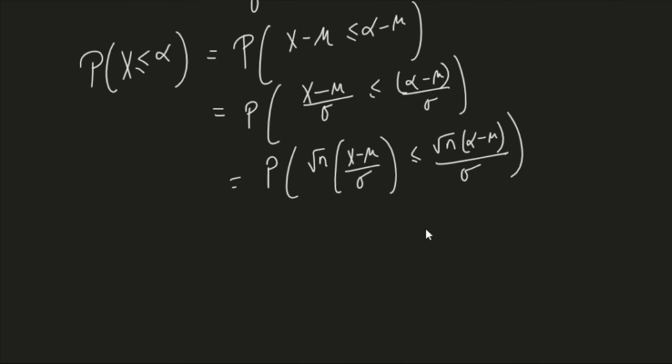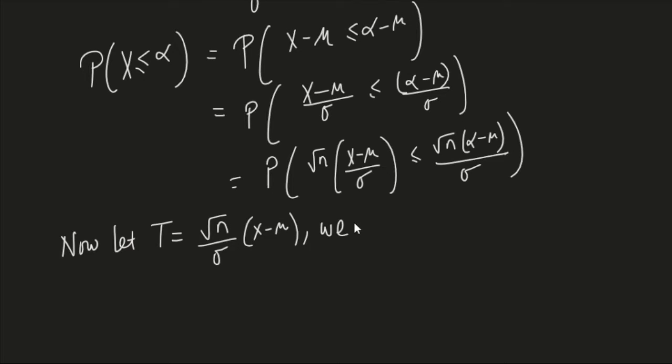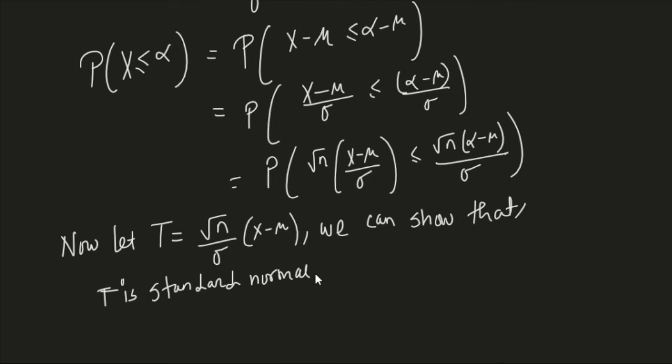Now this x minus mu by sigma multiplied by root n: let t equal root n by sigma into x minus mu. We can show that t is standard normal, that is, t follows normal of 0 comma 1.